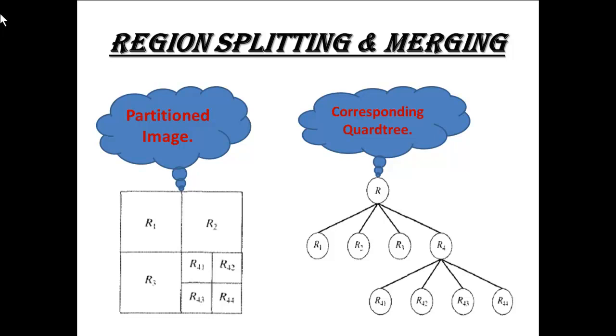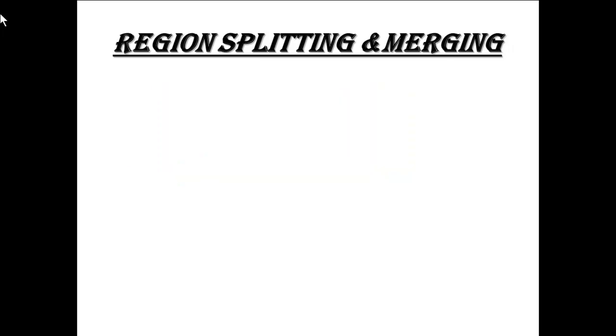If R is the main image, it is split into 4 parts, R1, R2, R3, R4, and then one of them, R4, is again split into 4 on the basis of segmentation. That will be R41, R42, R43 and R44. That will be continued till the image does not have any irregularity, and it keeps going on.